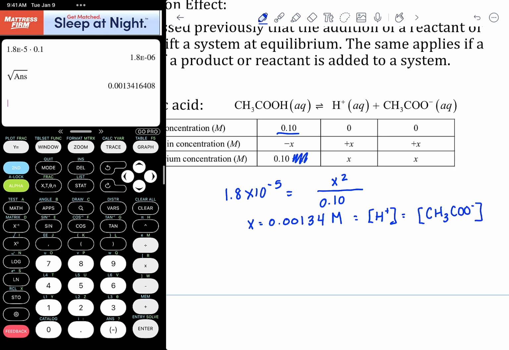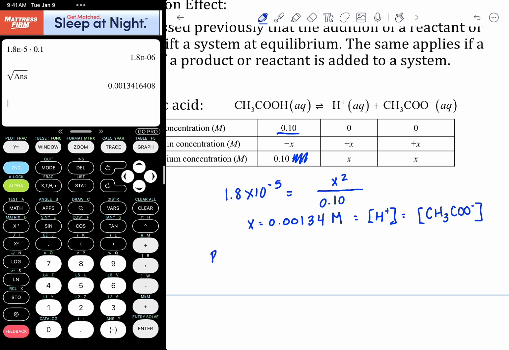Now we know from our discussions of acid-base reactions that if we know the H plus concentration at equilibrium, we can use that to find our pH, because pH is a better way of showing acid-base equilibria values. So we can plug in our H plus concentration in order to solve for pH.